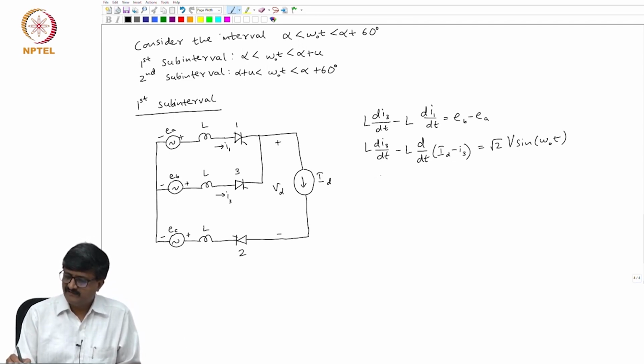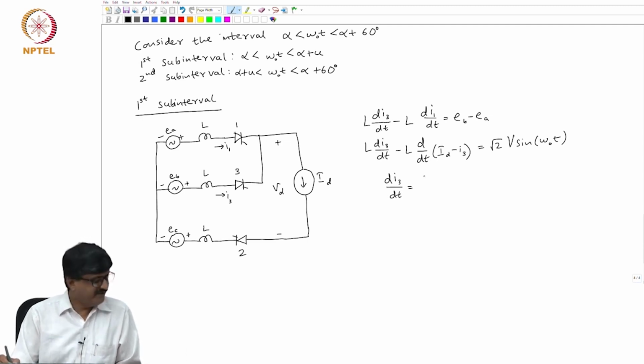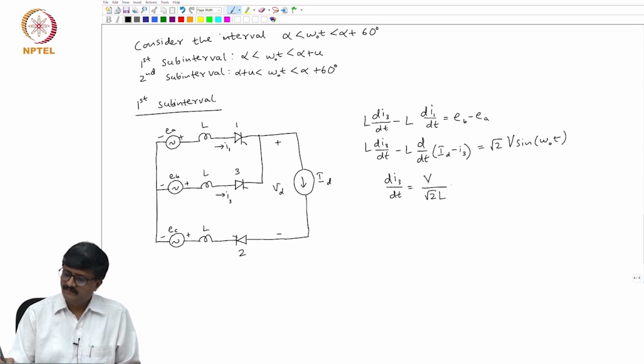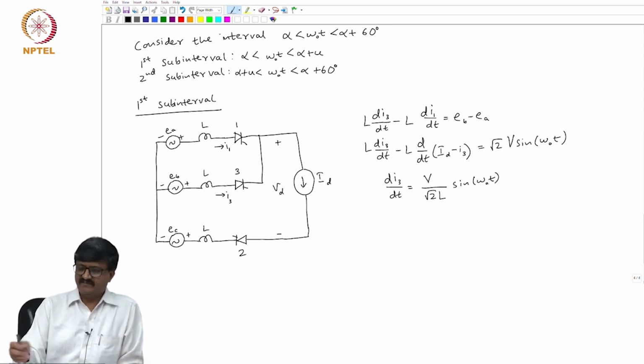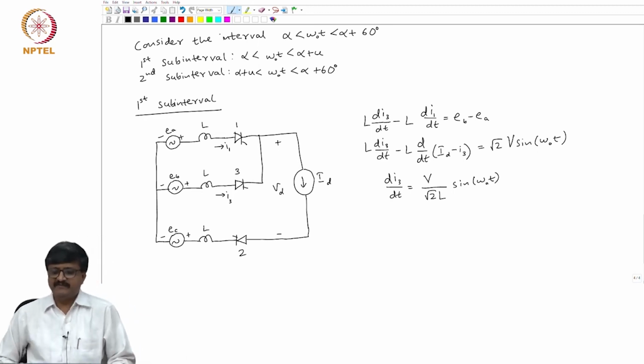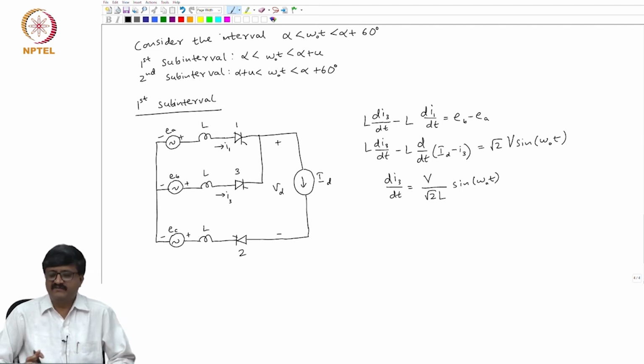So, what we get here is dI3/dt equal to V by root 2 L sin omega0 t. On the left hand side there is a 2L dI3/dt. So, I have taken the 2L to the right hand side, and the root 2 gets cancelled with the root 2 on the right hand side. So, this is the expression.